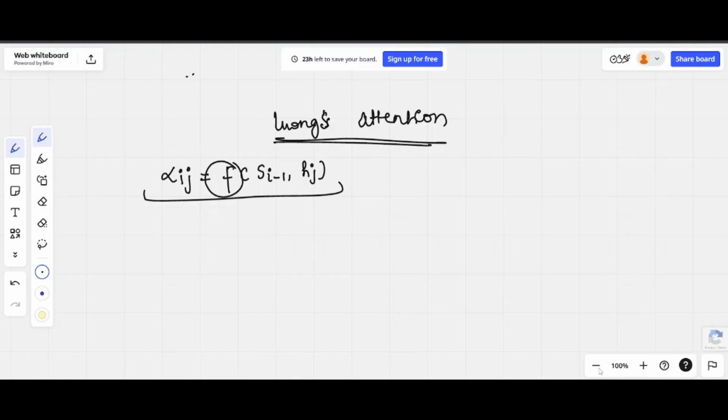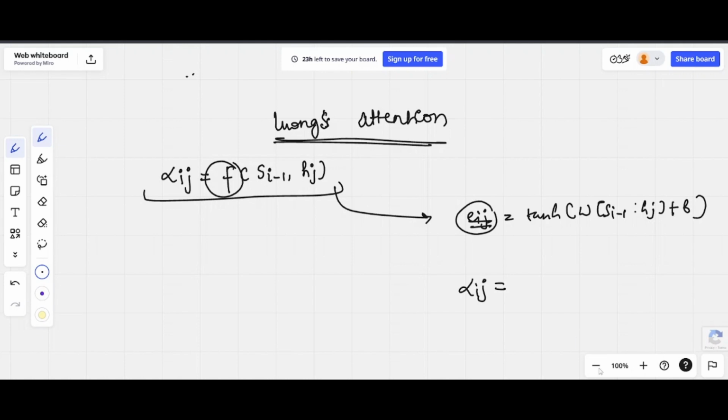And in that artificial neural network, the vectors that we are getting out from there, we are then passing through the softmax layer. And if we go into the mathematical part of it, then we discussed what e_ij is, right? That was actually tanh of the weight times s_{i-1}, h_j, plus the bias. Then from this, we calculated alpha_ij, which was actually the output of the softmax layer.